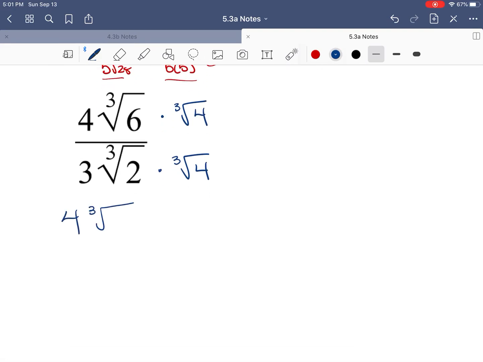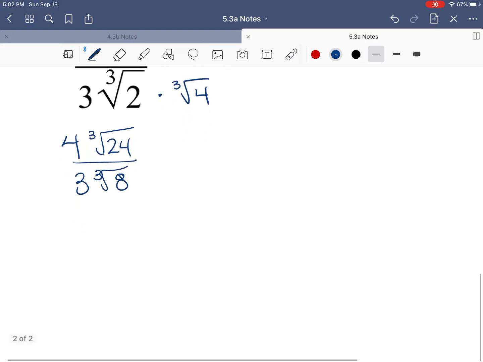So 4 cube root 24 over, oh, okay, I see something we could have done, but for the sake of my point for how to do this, we're going to continue this way. 3 cube root of 8. So simplify where possible. In the numerator, 8 goes into that.